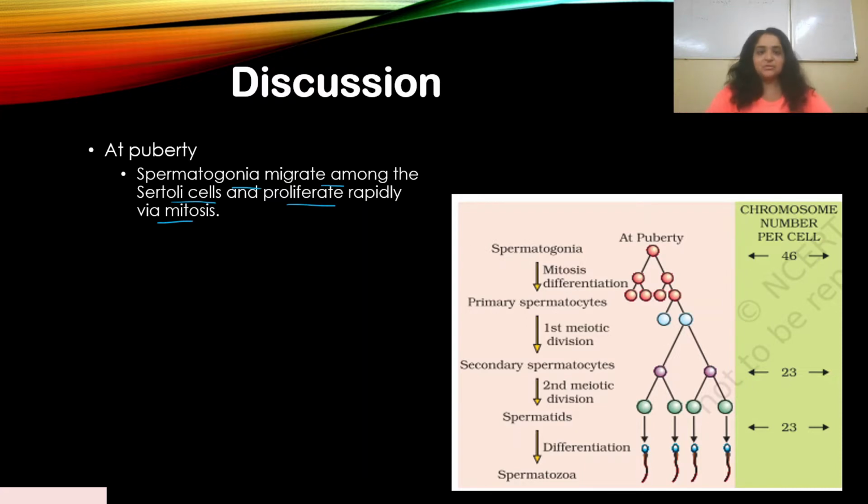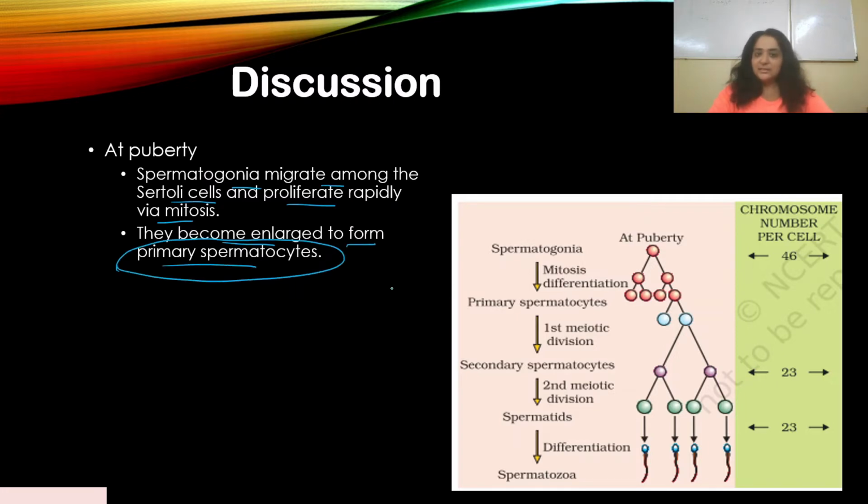They then grow in size to form primary spermatocytes.